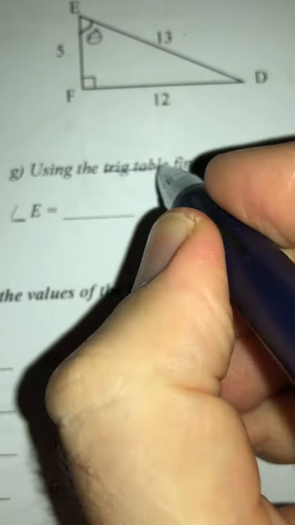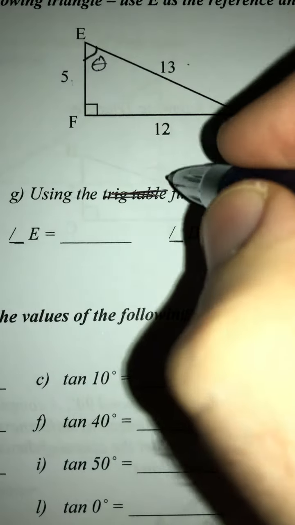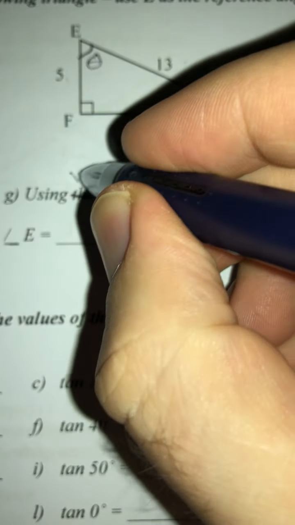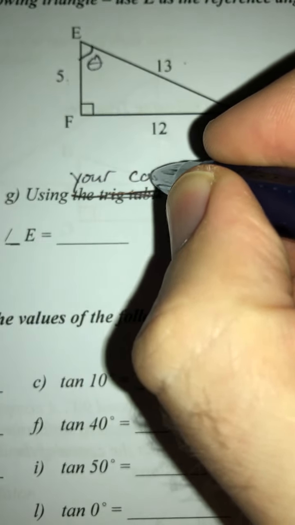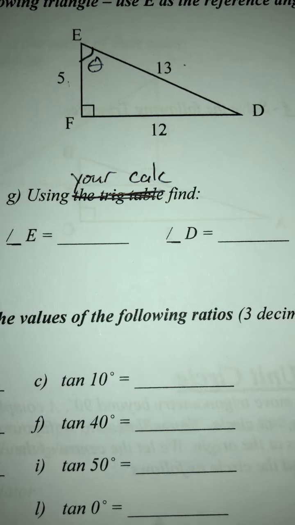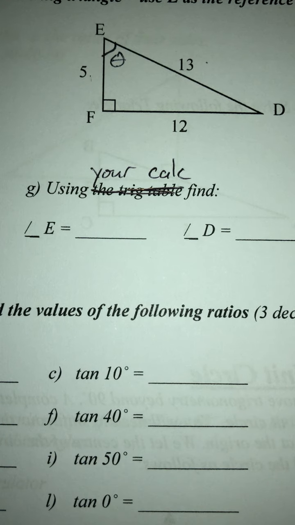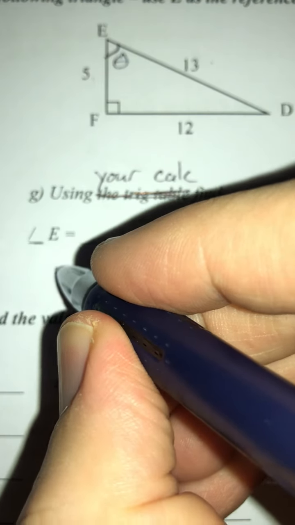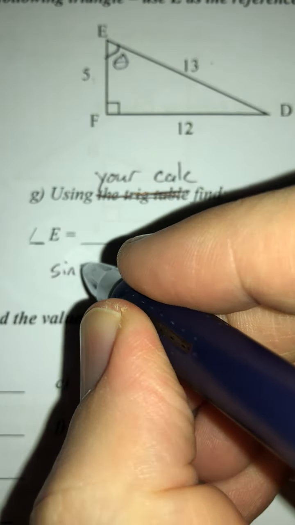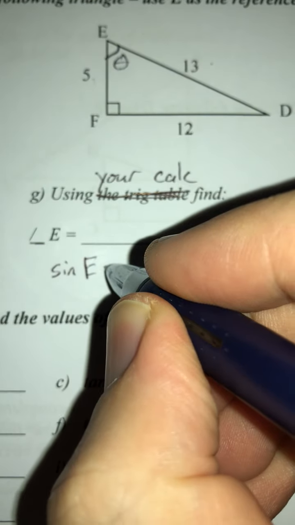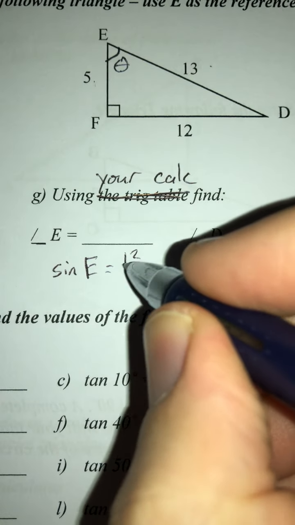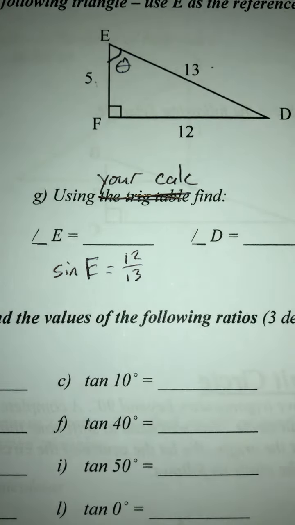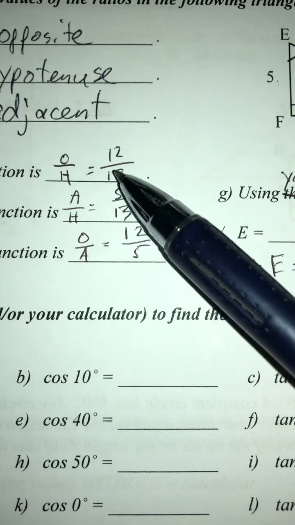We're not going to use a trig table for this. I'm not going to give you that. Using your calculator, we can solve for each of these angles. So if we've got that sine E is equal to 12 over 13, that's just what we did here.